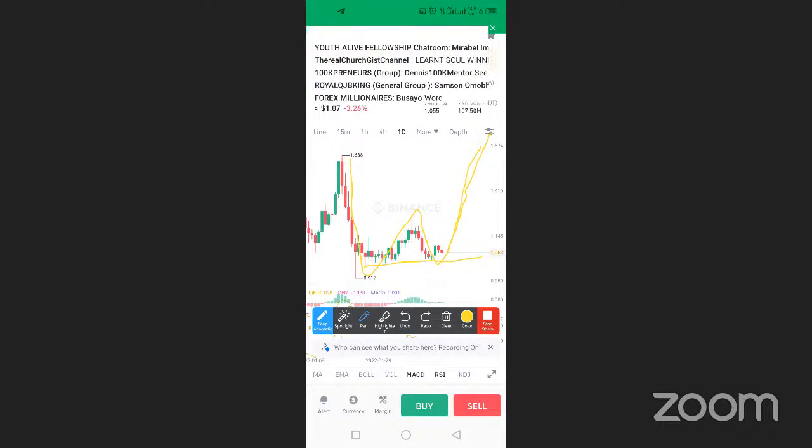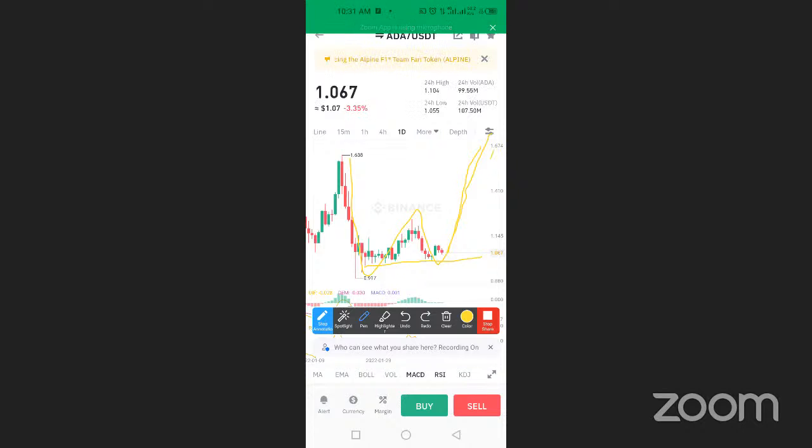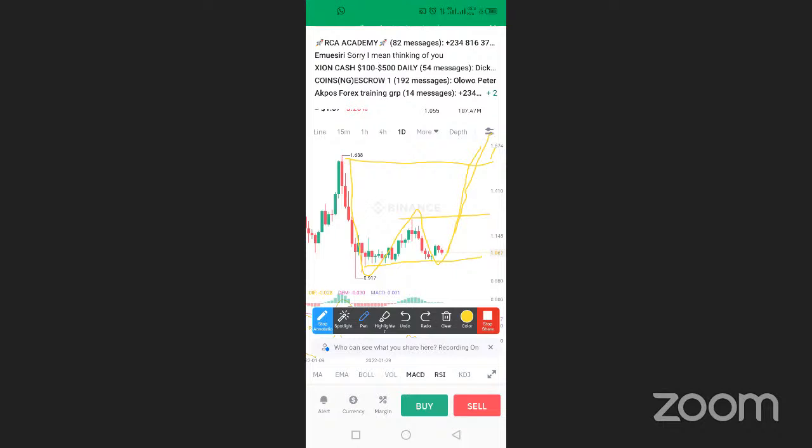Looking at it, if we now confirm this place, then we'll start seeing something of this. And if it also breaks this, automatically we'll expect the next U-turn that will be here. So even though maybe you enter the trade and it's down, when you see something of this, you will not panic.